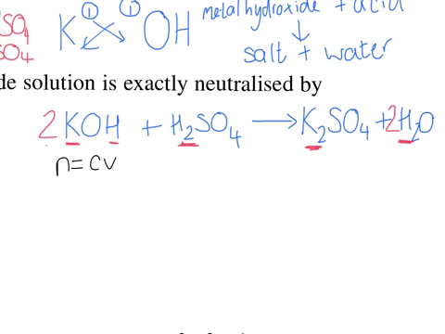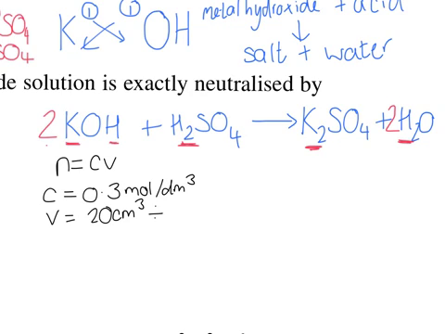Just to list what we have, we know that the concentration is 0.3 moles per decimetre cubed, and the volume is 20 centimetres cubed, but remember we need to convert that into decimetres cubed, so we divide by 1000, which gives us 0.02 decimetre cubed.